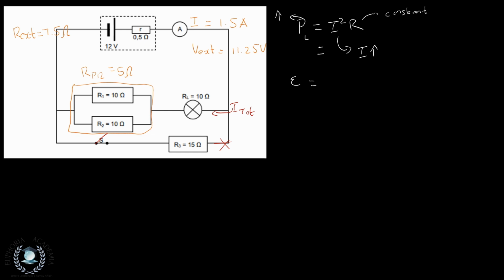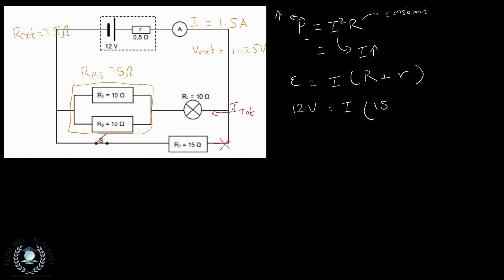We still use our EMF. Epsilon is equal to I multiplied by all the resistors, and our EMF is still 12 volts. We don't know our I as yet.